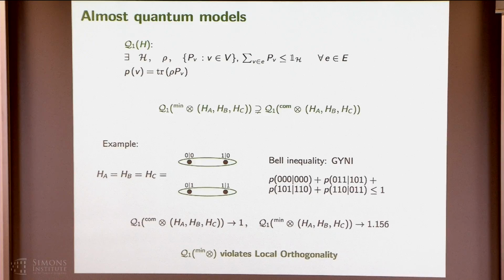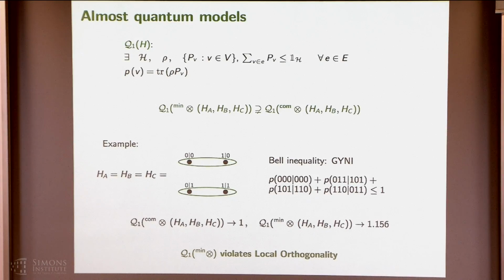So we've observed this behavior for different Bell inequalities. This is a particular one. The reason why I chose this one to present in this talk is because it's clear from this inequality that almost quantum models in the minimum product scenario violate the local orthogonality principle.